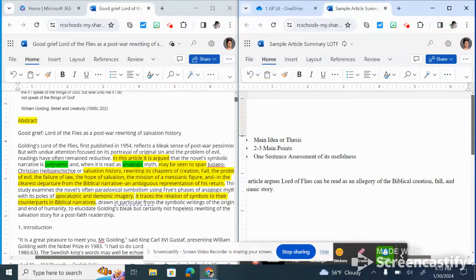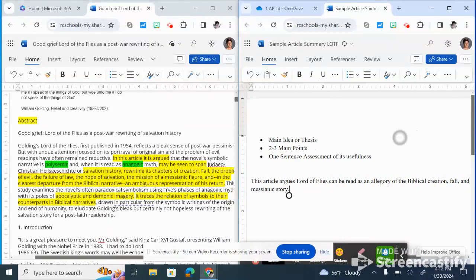All right, so I shortened it quite a bit there, and I wrote it in language that I can understand. And yes, I did skip a couple of these, but don't worry, I'll hit those in a minute.